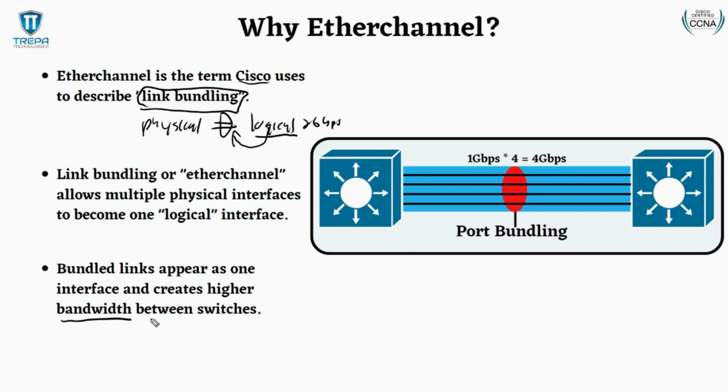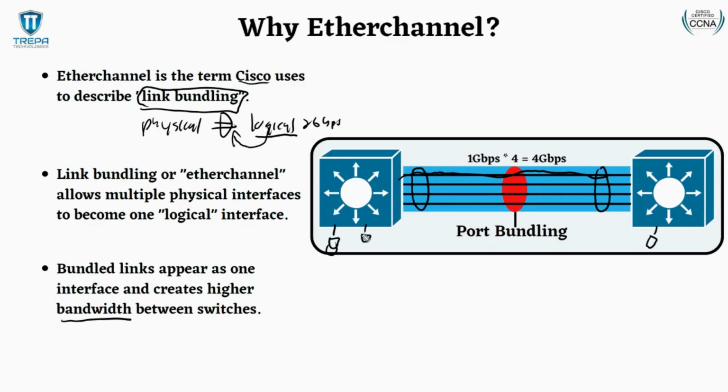It allows us more bandwidth. And I'm going to keep saying this because this doesn't necessarily affect our throughput. Remember, underneath that logical interface are still 4 physical ports. With a computer making a TCP stream connection to a server, that stream still has to physically go on one interface, which is physically still only a gig.